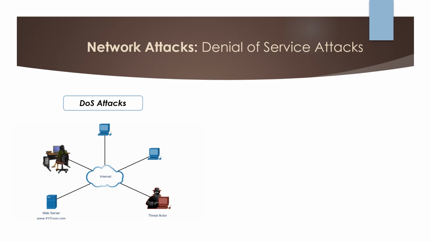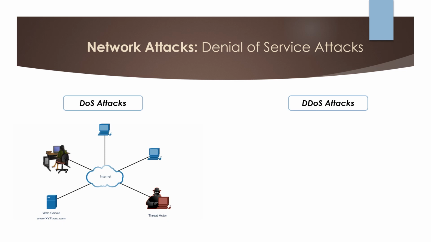As for the distributed denial of service attack, it is similar to a denial of service attack, but it originates from multiple coordinated sources. In this case, a threat actor builds a network of infected hosts known as zombies. A network of zombies is called a botnet.